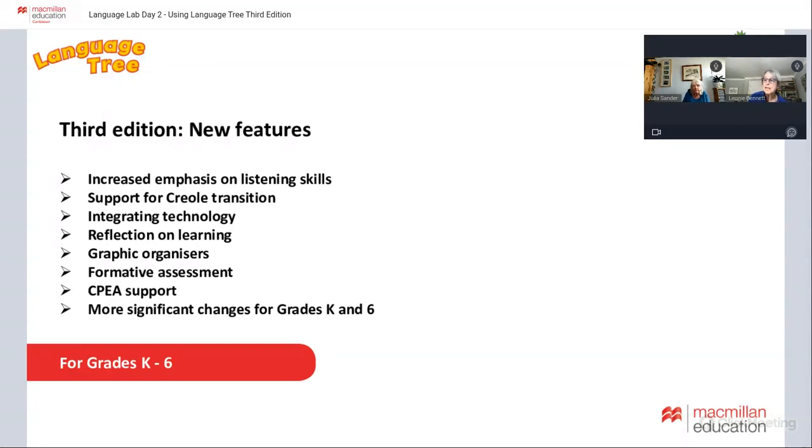Creole transition: we had a lot of help from teachers and advisors in developing support for transition from Creole to Standard English. Much of the advice is in the teacher's notes at the bottom of the page, but from grade 3 we also include Creole texts for students to read.